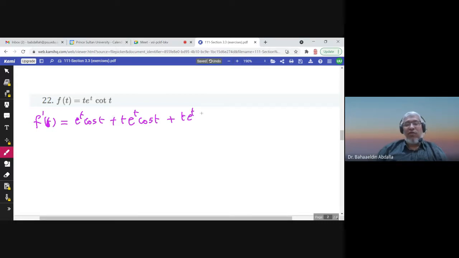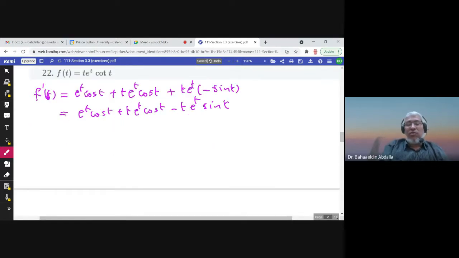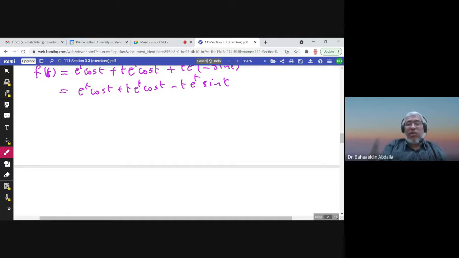And the derivative of cosine t, which is negative sine t. So the final answer would be e^t cosine t plus t e^t cosine t minus t e^t sine t. And there is no need to take a common factor here because there are no simplifications. This is the simplest answer.